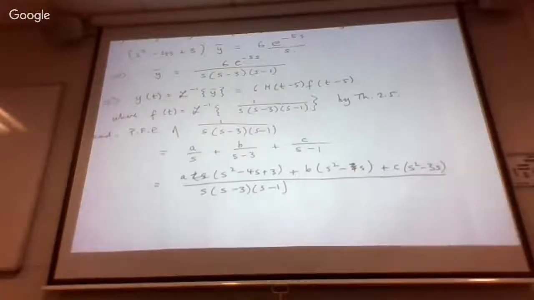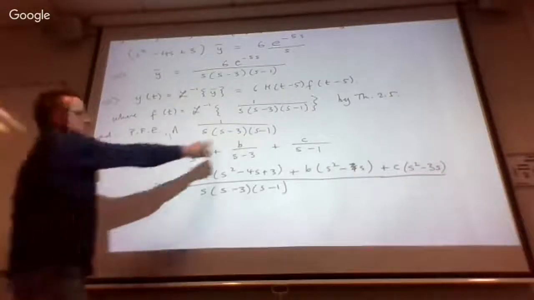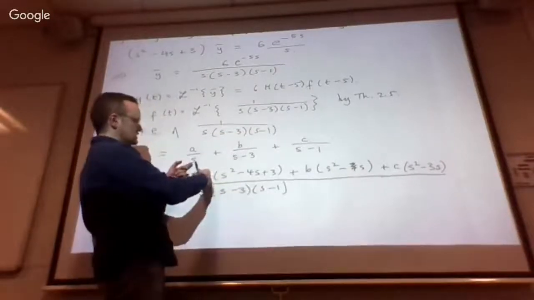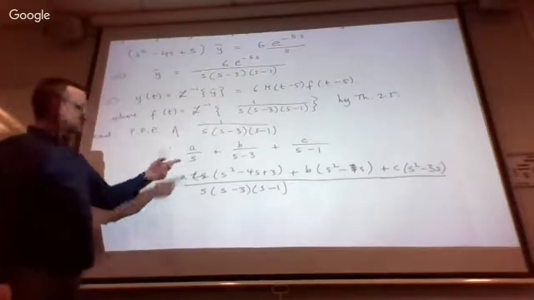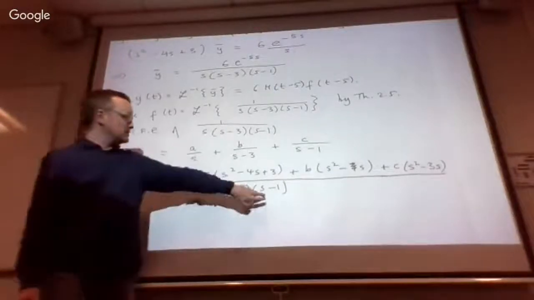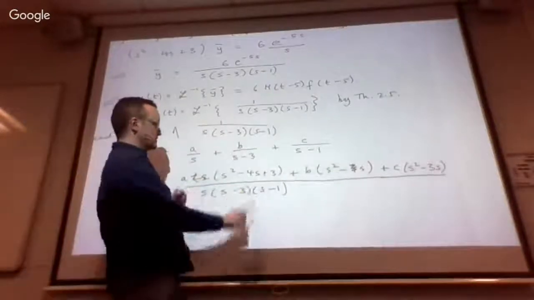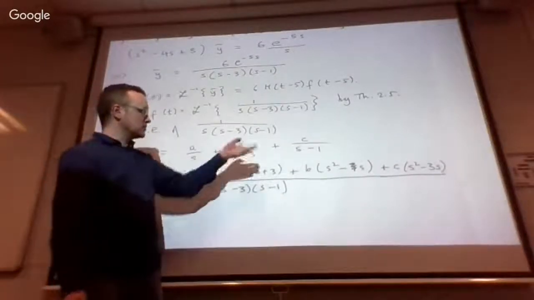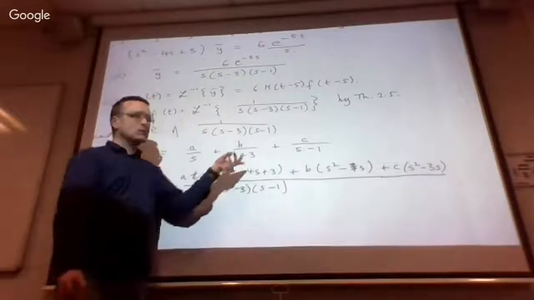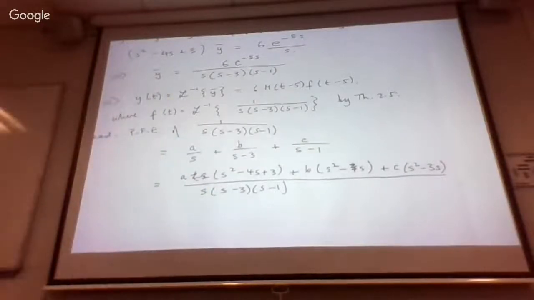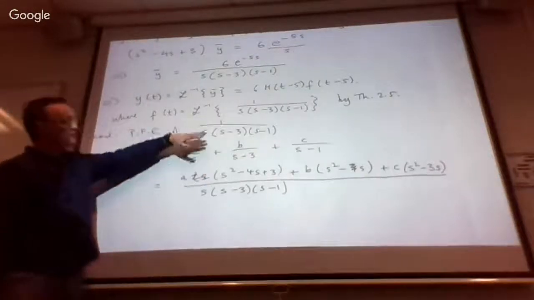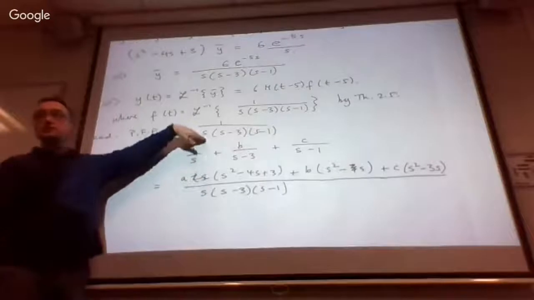Each a, b, c is multiplied by the factors from the denominator that it isn't over. So a is multiplied by the second and third, b by the first and third, c by the first and second. I multiplied them through as I went, so we can quickly pick out, comparing the two numerators: these two fractions are the same, they have the same denominator, so they must have the same numerator.